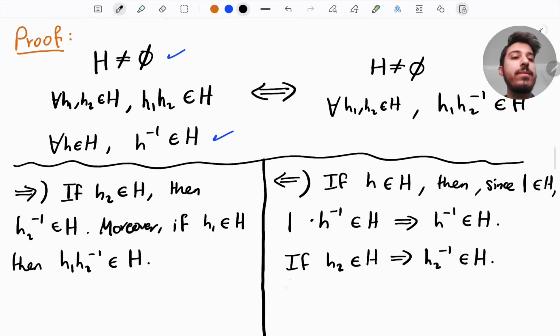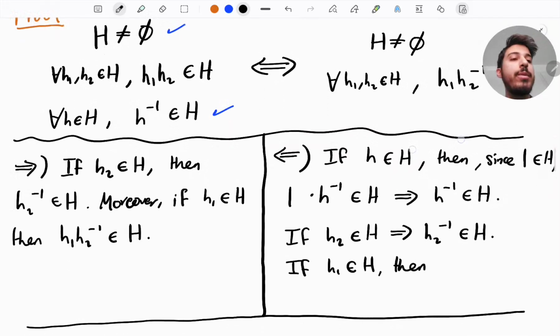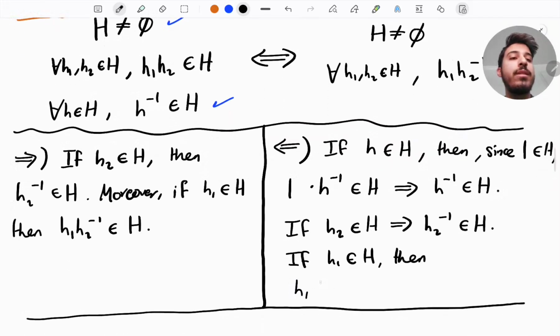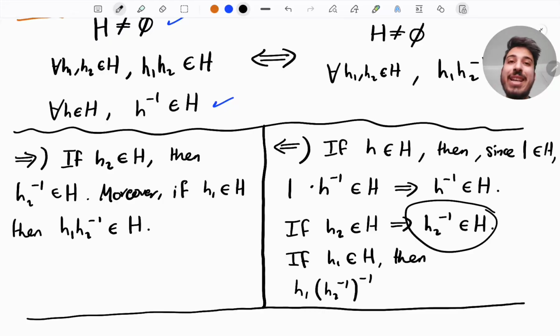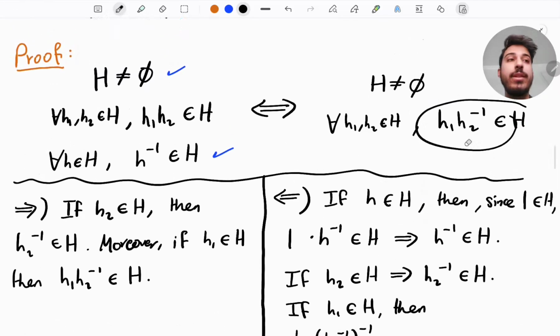So if h1 is in H, then by setting h1 to h1 and h2 to h2 inverse, we would have h1 times h2 inverse, inverse. And the reason we can do that is because we just proved that h2 inverse is an element in H. So in particular, we can use it in our supposed property here.